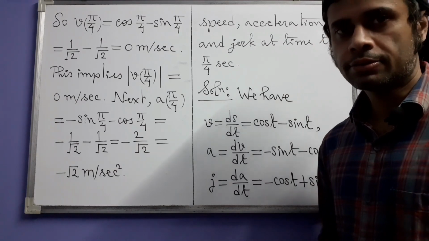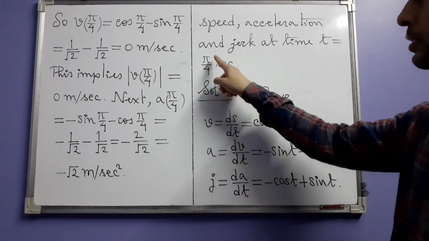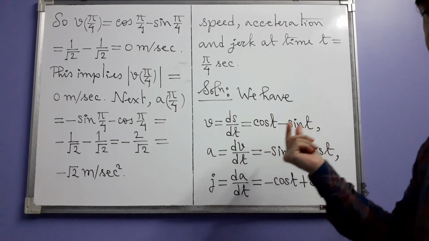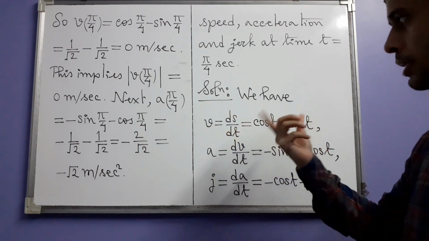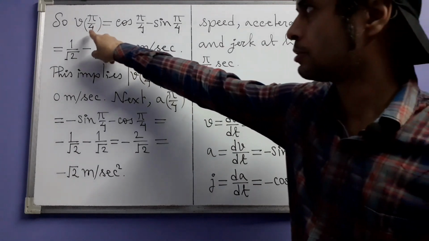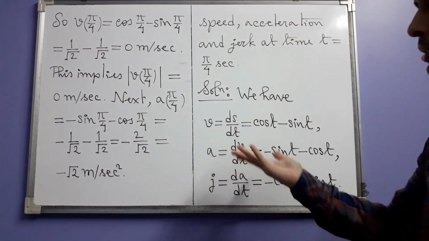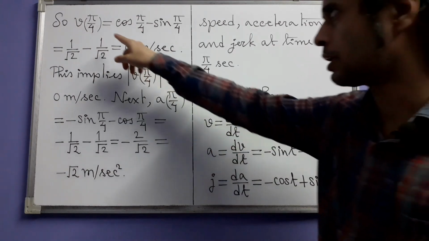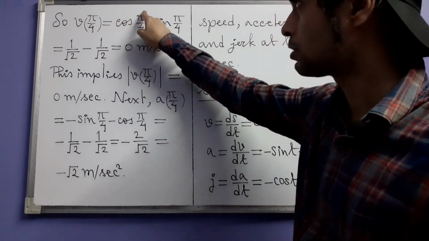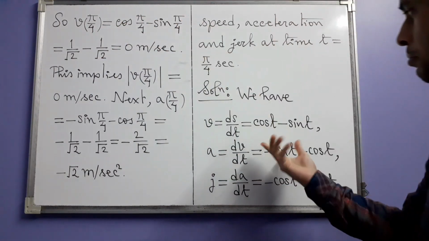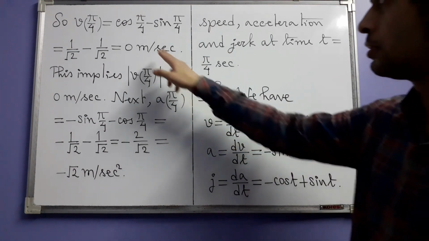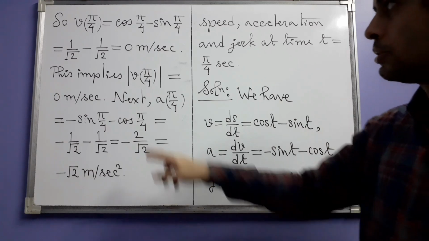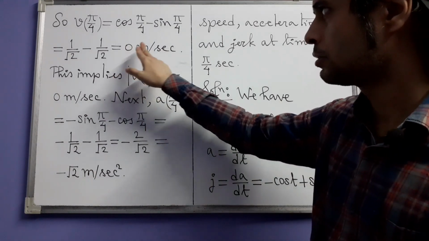First we calculate the velocity when the time is pi over 4 second by simply substituting t equal to pi over 4 in the general velocity formula. So the velocity at that time, because it's a function, we can use this notation. The value of the velocity function at that time instant is cos pi over 4 minus sin pi over 4, both of which are 1 divided by square root of 2, and so the value is 0 meter per second.